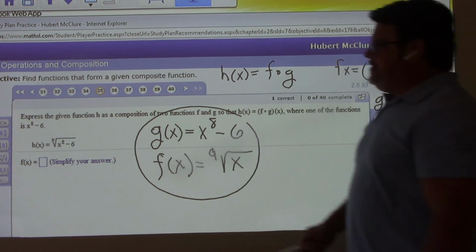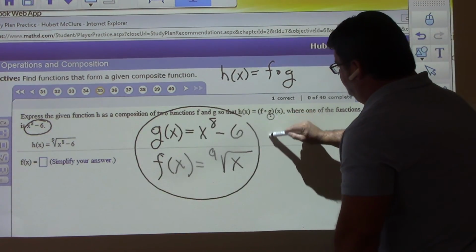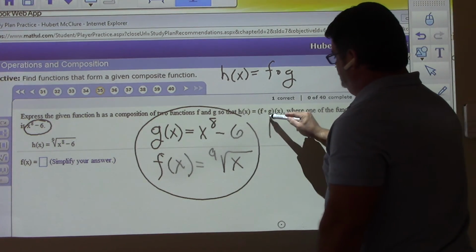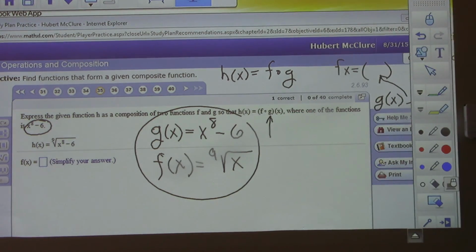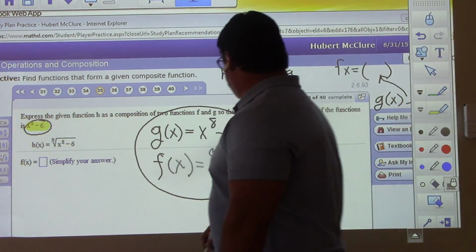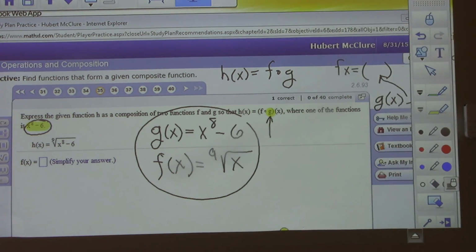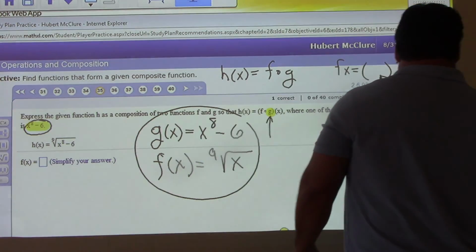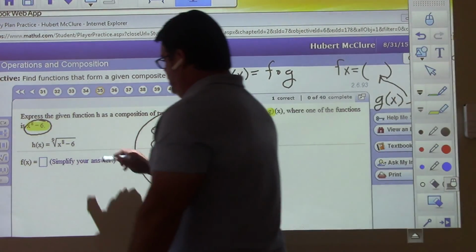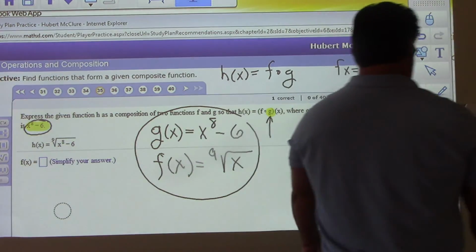No, because whatever this is right here is going to be whatever this is right there, whether it's an f or a g. And then all you got to do is take your handy dandy white marker. Okay. Can't do that. Oh, let me try it here.